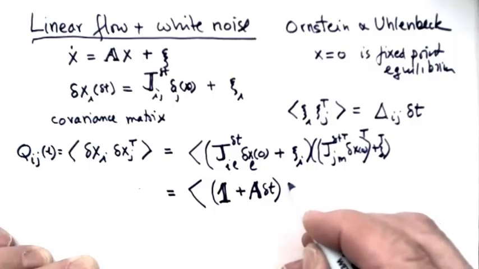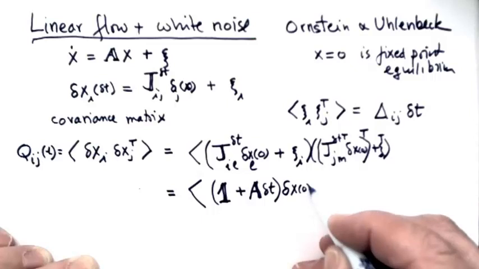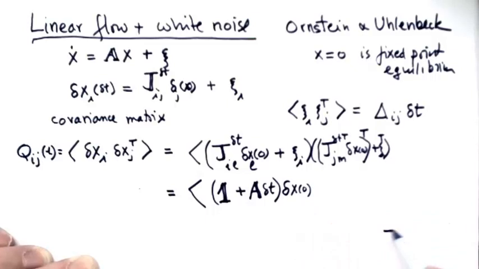So that's what the Jacobian looks like. Delta x of 0. Remember, the Jacobian is e to the integral of delta tau of the local matrix of velocity gradients at time t.